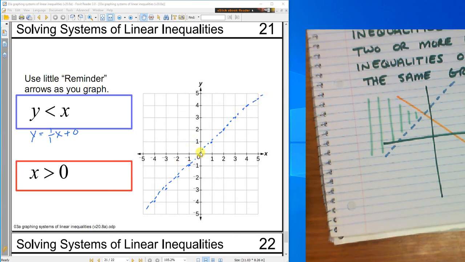I can't test 0, 0 because it's on the line, but I can test 1 comma 0. Let's test this point right here. 1 comma 0. 0 is less than 1. That is true. This point is true, which means I'm going to shade under the blue line.